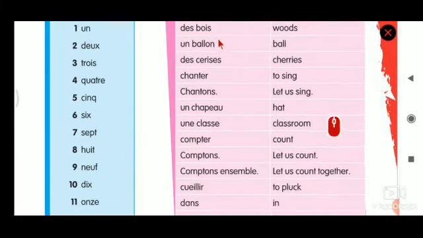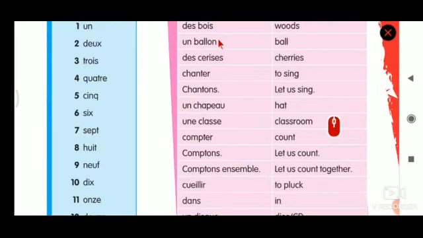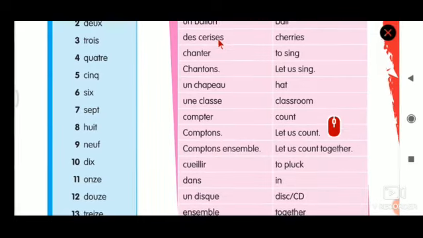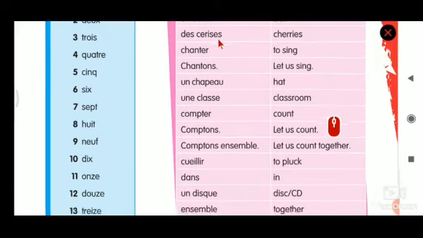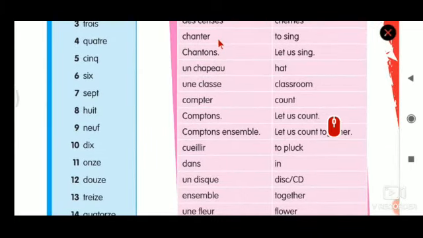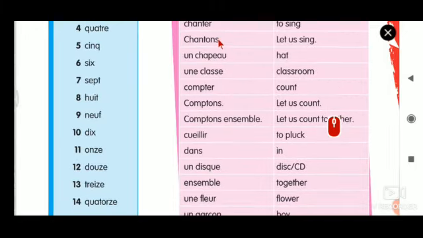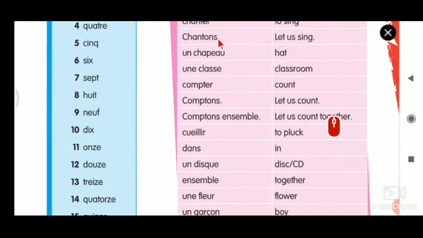Un ballon, ball. Des séries, cherries. Chanter, to sing. Chantons, let us sing.